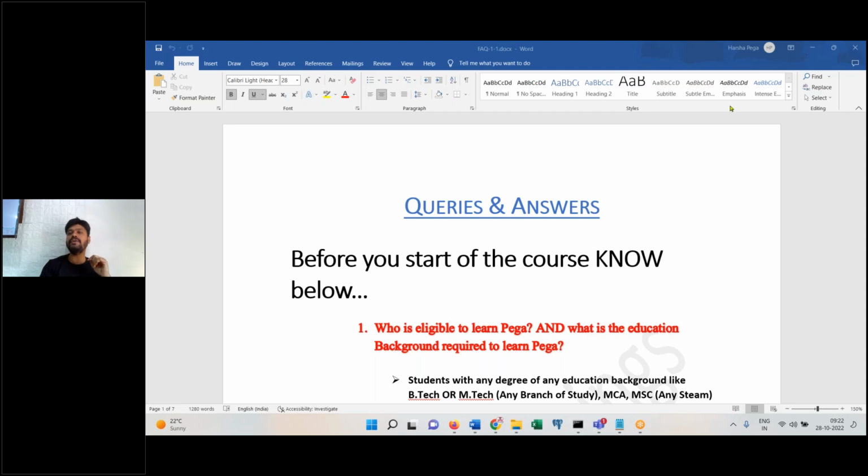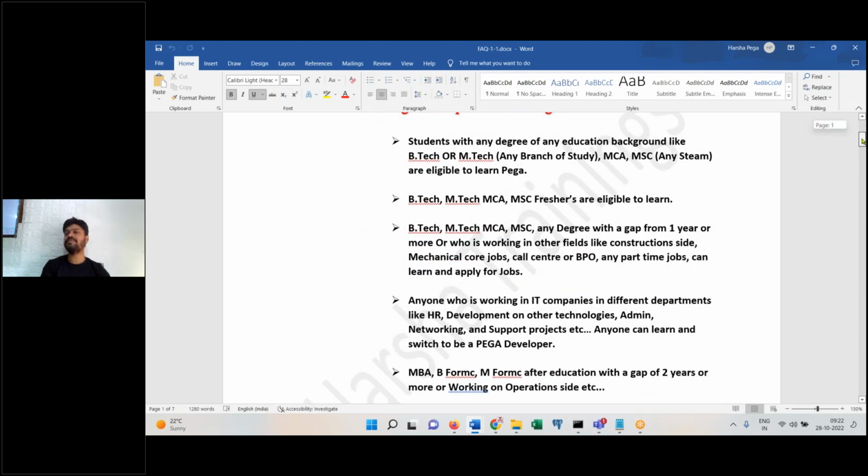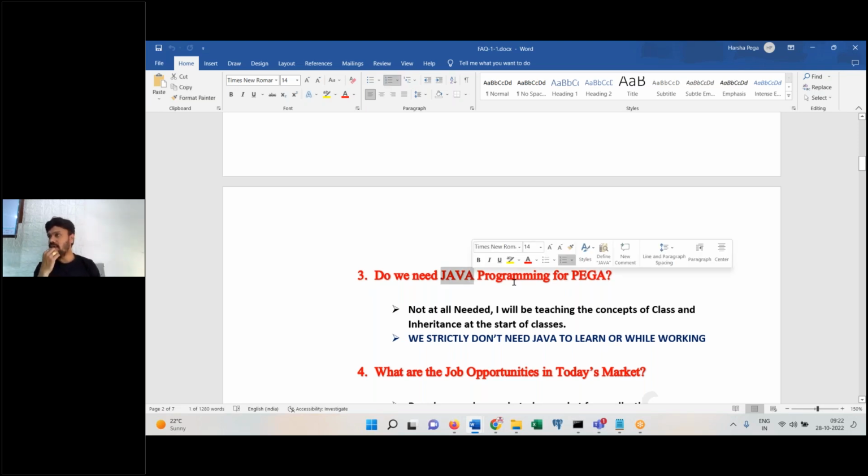Okay, now coming to these questions. Yesterday I sorted out 2 questions. Who is eligible to learn Pega as per education background and technical background? Is any technical background, any education background eligible to learn Pega today? So many people have a misunderstanding, a misconception, that Pega requires Java coding because Pega is built on Java.